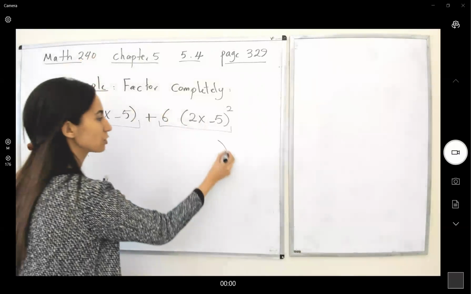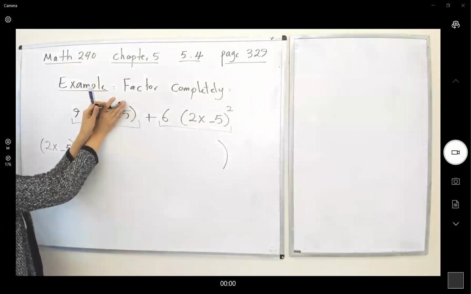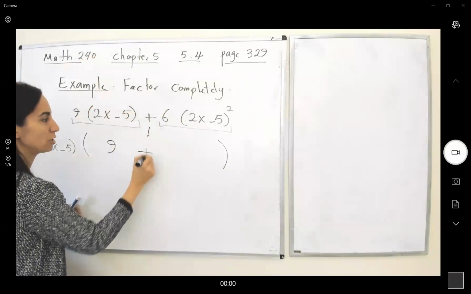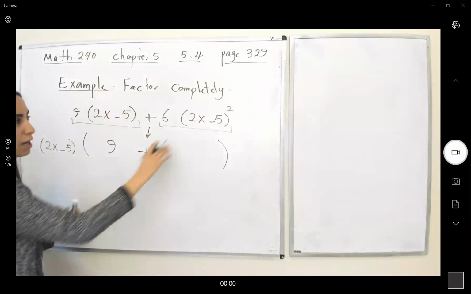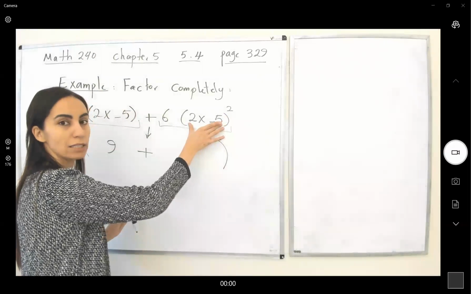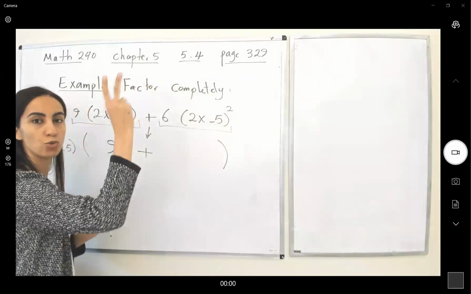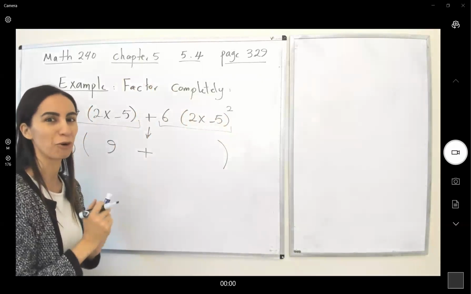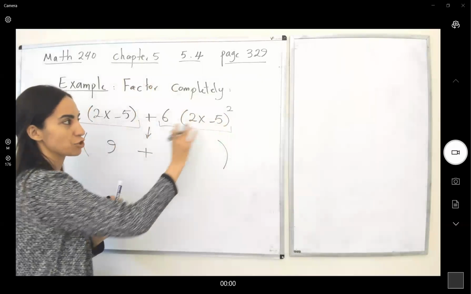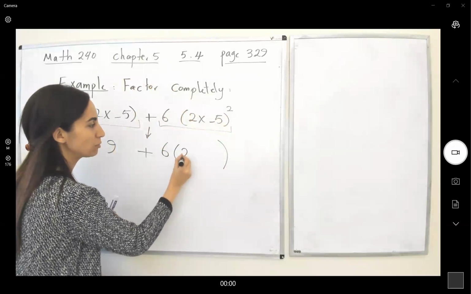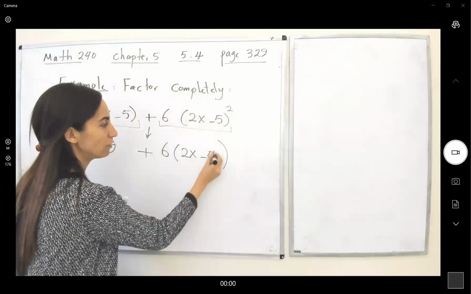So we're going to use parentheses. If I take out 2x minus 5 from the first addend, I'm left with 9. The operation in between is addition, so I'm going to copy it down. How about this expression? It has exponent 2. 2x minus 5 is repeated twice here. So if I take one of those expressions, 2x minus 5, I'm left with 6 times 2x minus 5.